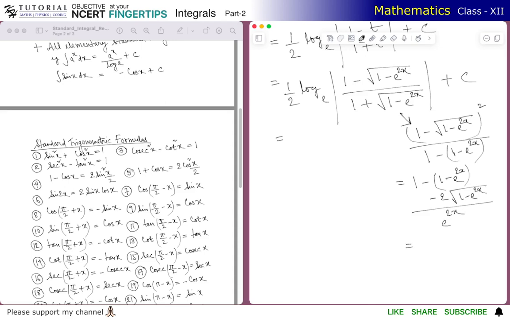This equals e to the power 2x minus... okay, so it is a little more compact form, so we could write the answer as mod... this is the answer.